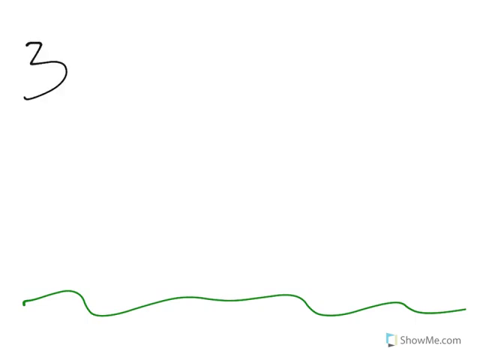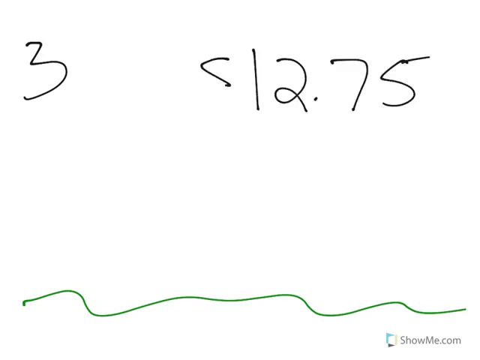Say you are in your neighborhood, mowing lawns, and you're getting help from your two buddies, so there's three of you, and when you get done mowing the lawns, you have made $12.75.